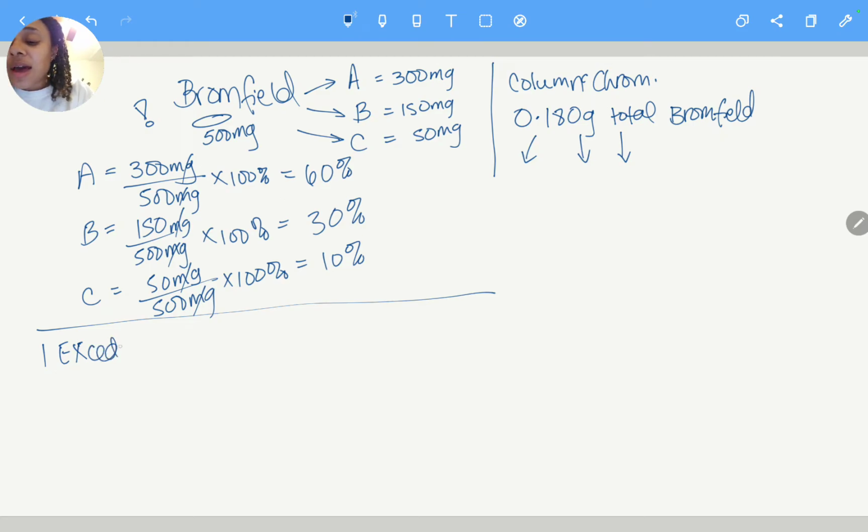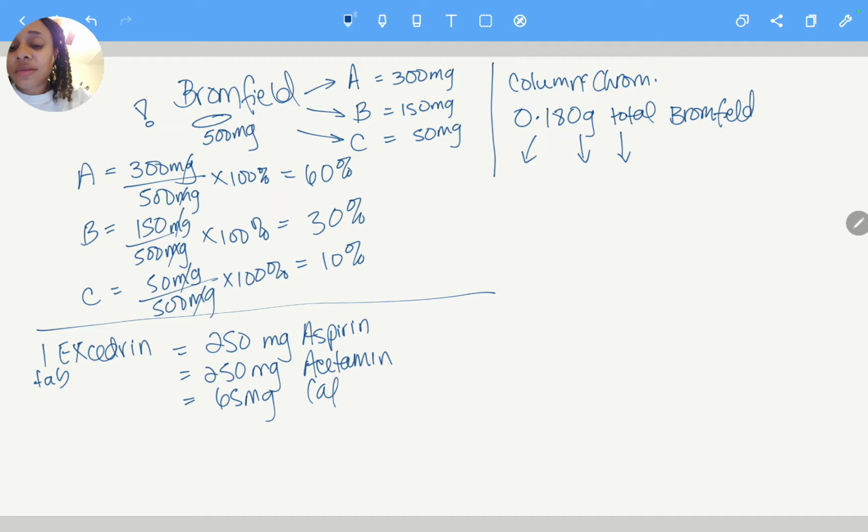Excedrin has in 1 tablet 250 milligrams of aspirin, 250 milligrams of acetaminophen, and 65 milligrams of caffeine. Therefore, in one tablet, there is 565 milligrams total.